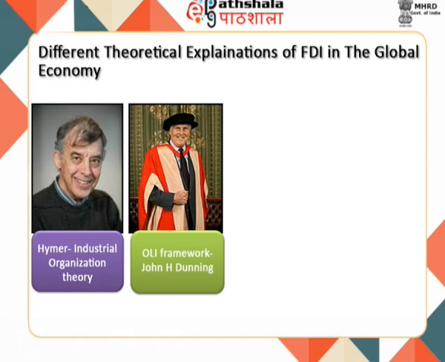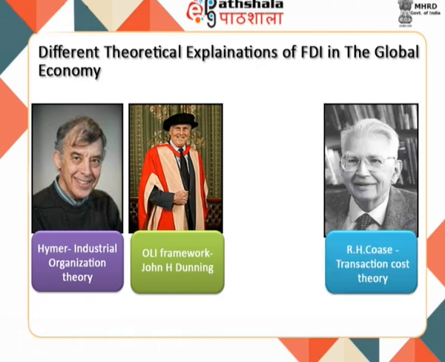Internationalization is the firm's response to imperfect and poorly functioning markets where the transaction cost of arm's length transactions is relatively higher. R.H. Coase, in his transaction cost theory, proposed that firms undertake FDI when the external market fails to provide an efficient environment in which firms can profit by using their technology, know-how, brand name, or production process.